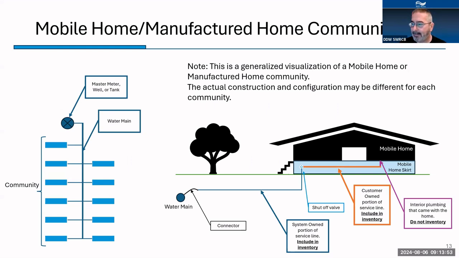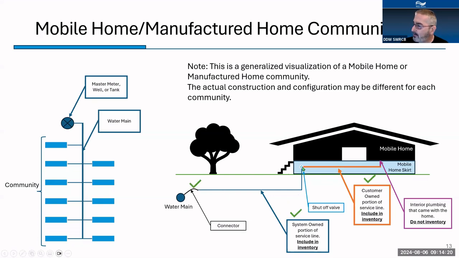So in this case, you won't have the access issues, which I'll talk about in just a second. But in this one, you want to provide the portion that is connected to the water main. And it usually results in a stub near each space. So that's the system-owned portion.